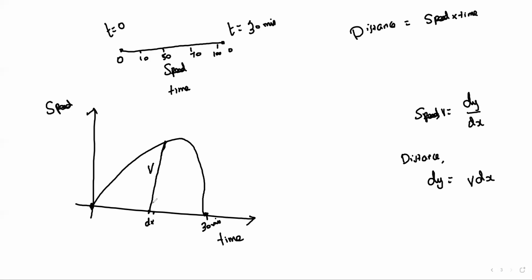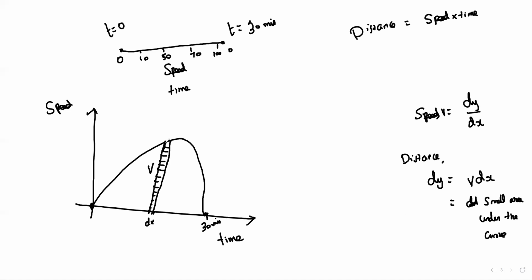So if you multiply this v with the small time dx, what are you getting? The small area, let it be dA, the small area under the curve. Am I correct?